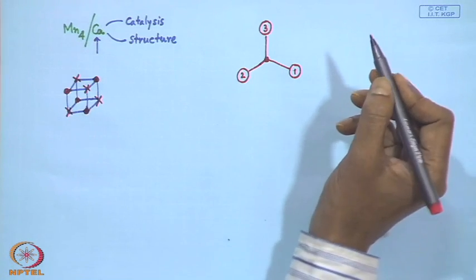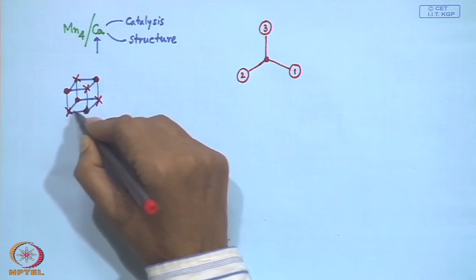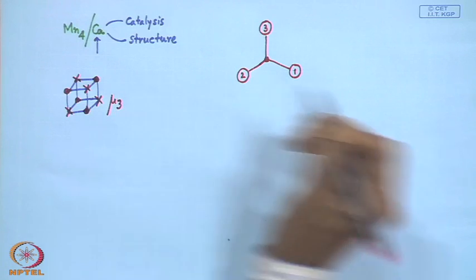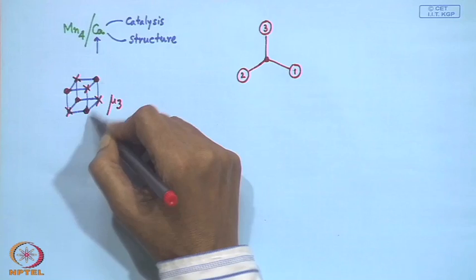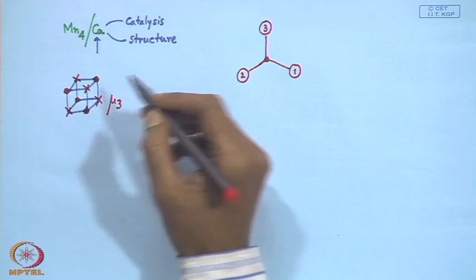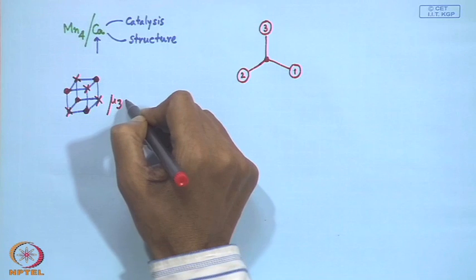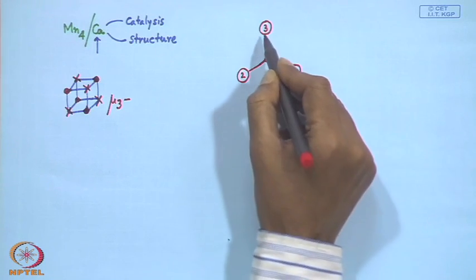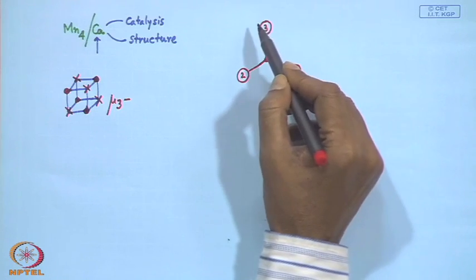It can be your hydroxide group or the oxide group, and all these X groups are binding 3 metal centers together. So, when they are occupying the 4 corners of the cube, they are in mu3 mode.